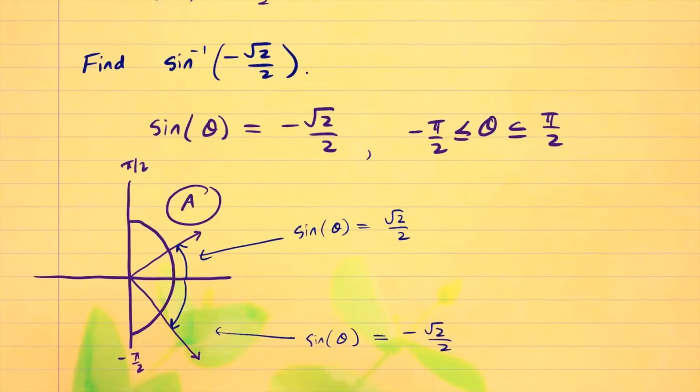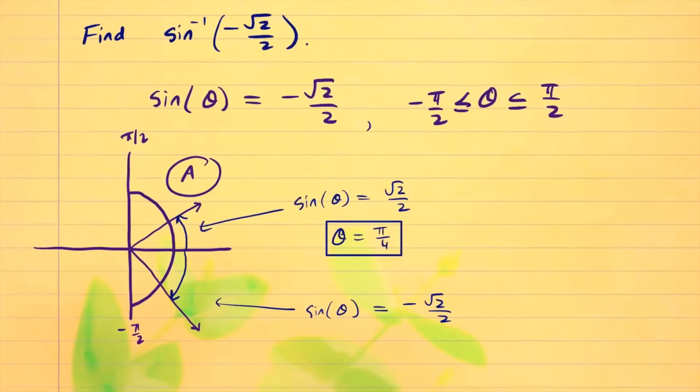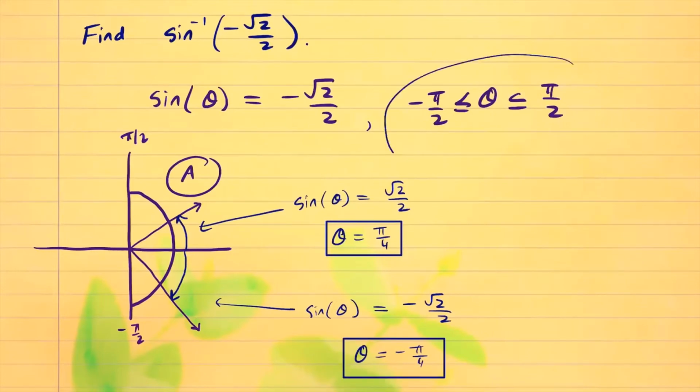From memory, we just saw it above, that theta is pi over 4, because pi over 4 gives you square root of 2 over 2. So if I want the angle going downward from the x-axis, it has to be negative. So this theta is negative pi over 4. And this makes sense because it is within the restriction, within that interval.